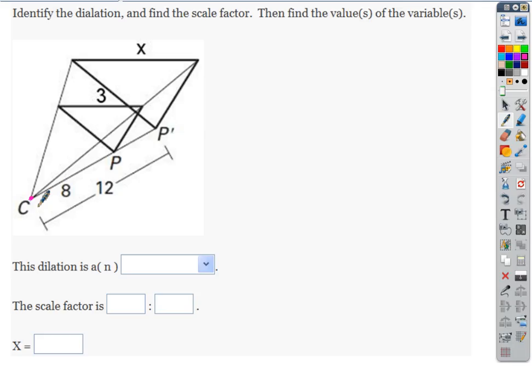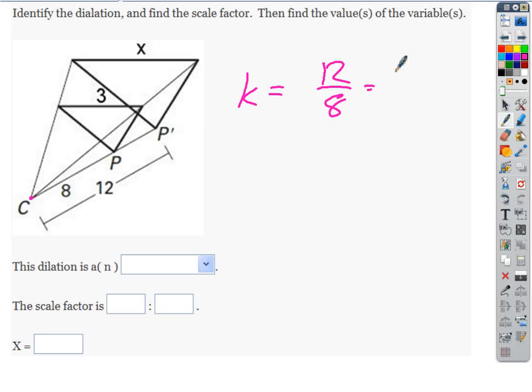So then we also know that the scale factor is the ratio of how far points migrate when you focus in or focus out, when you dilate the image, okay? So then does it make sense that we could say that the scale factor is also 12 over 8, right? Make sense? What's that reduced to? 3 over 2.